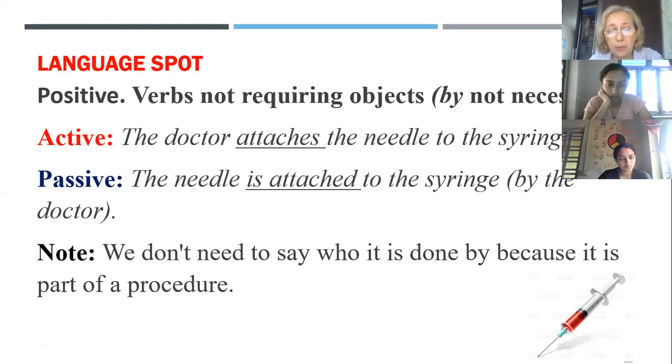Now it is the subject of the sentence, and the sentence is, the needle is attached to the syringe. We can use by the doctor, or we can omit this. The sentence still makes sense. So the verb to be is, and attached is the main verb. And the note here: we don't need to say who it is done by because it is part of a procedure and it doesn't matter in this case.